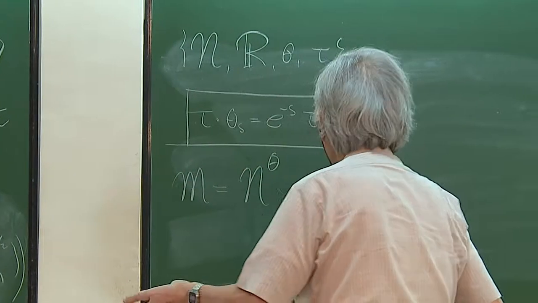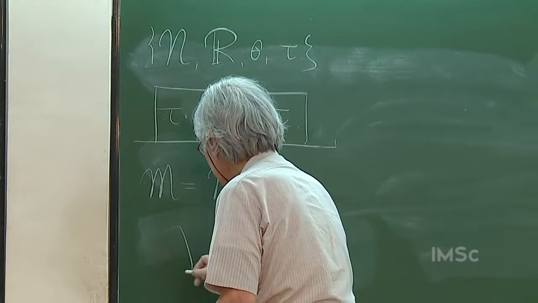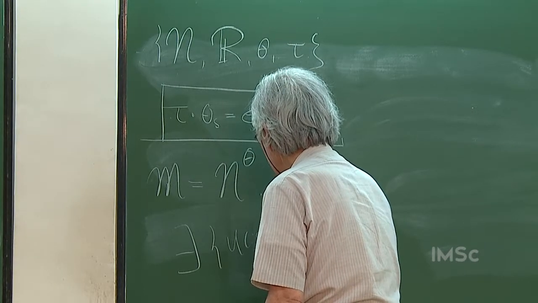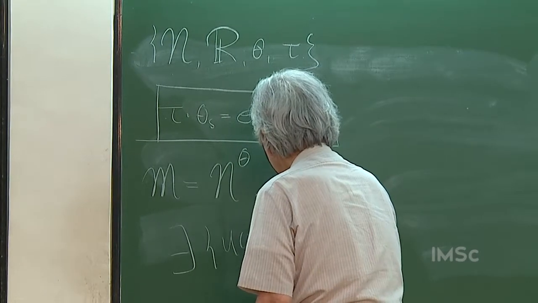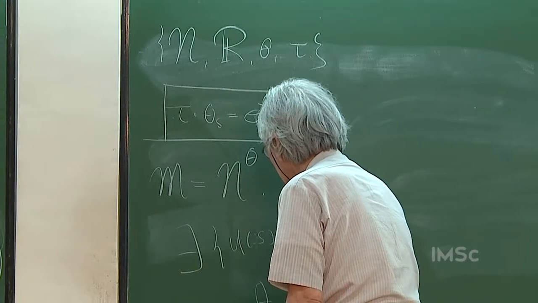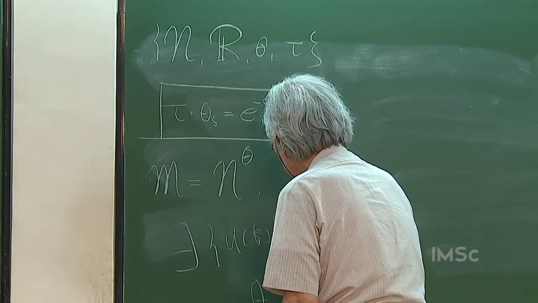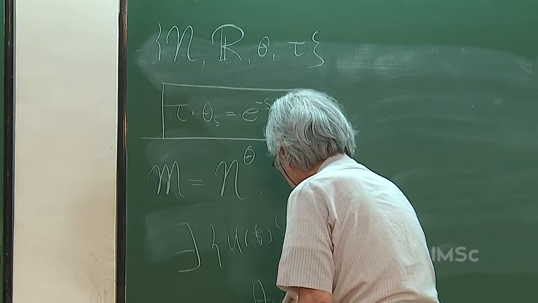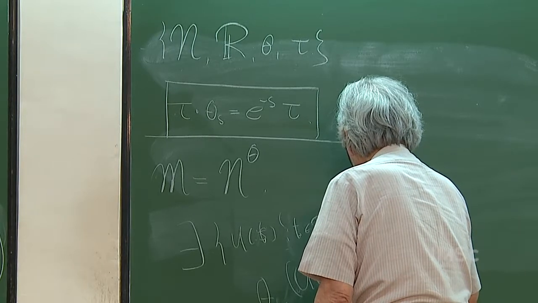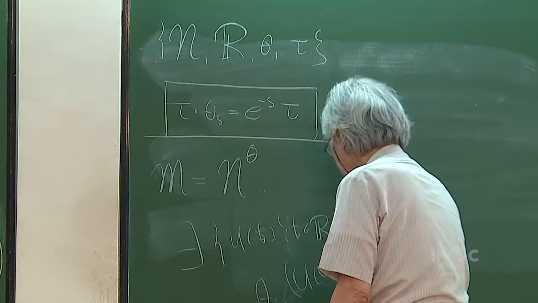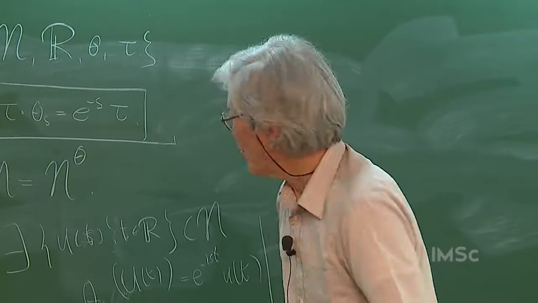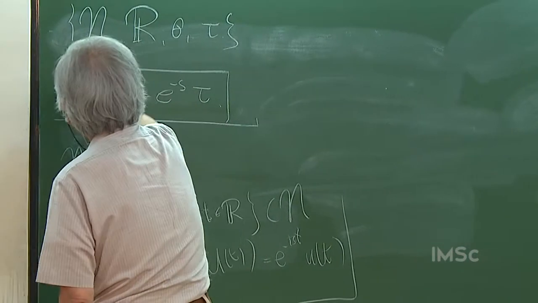Namely, there exists a one-parameter unitary group inside N such that theta S of u(t) equals e to the minus S t u(t). You can find such unitaries when you have this.